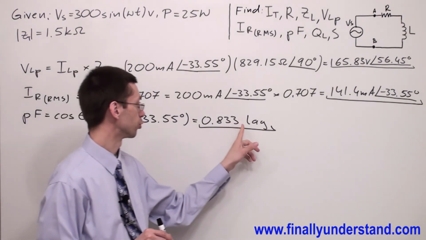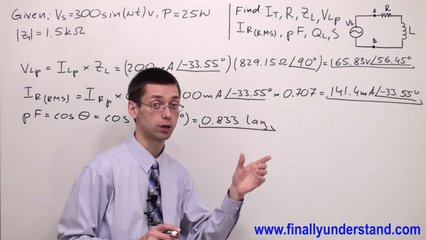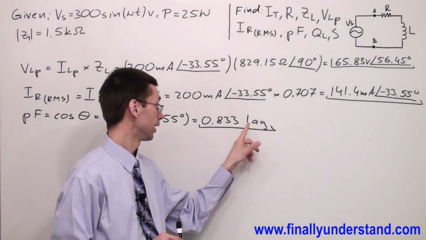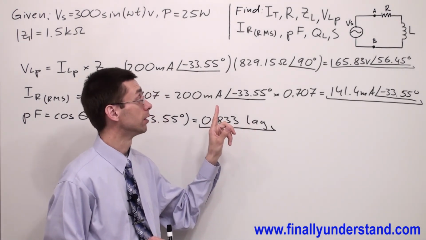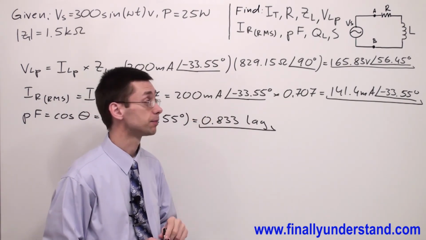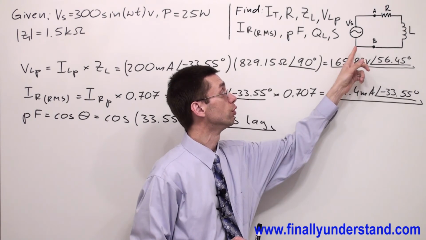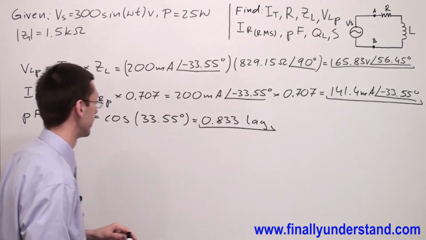So that's why we're supposed to write the word lag. In some books we are going to see lagging, other books we are going to see lags. I simply write lag. Why? Because, one more time, the current in the circuit is going to lag the voltage source by a certain angle.